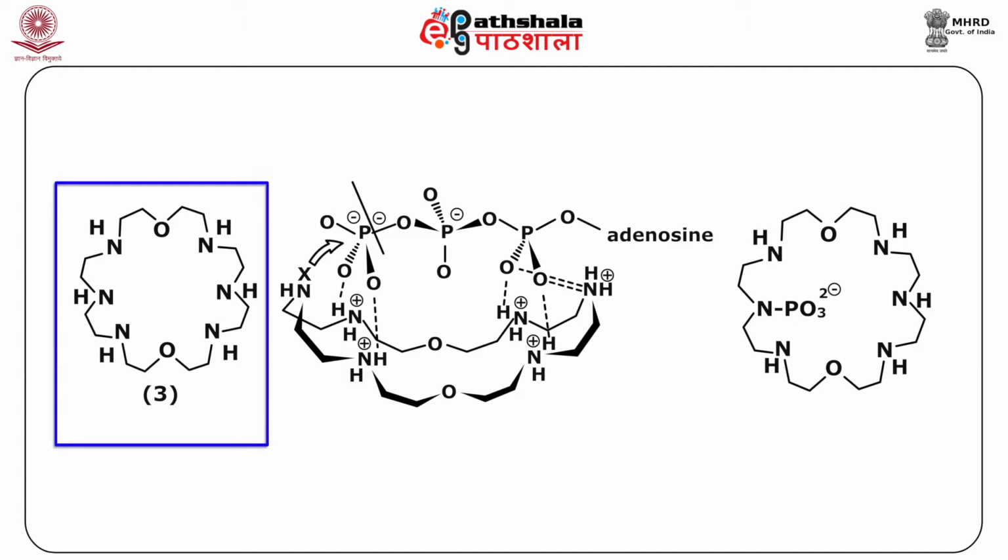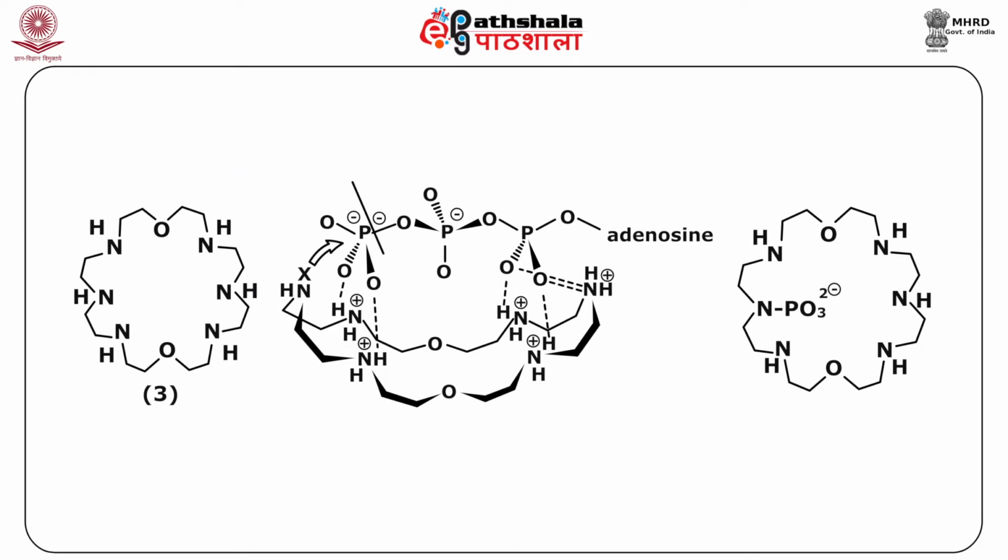It proceeds via initial formation of a complex between ATP and the protonated form, followed by an intra-complex reaction which may involve a combination of acid, electrostatic and nucleophilic catalysis.